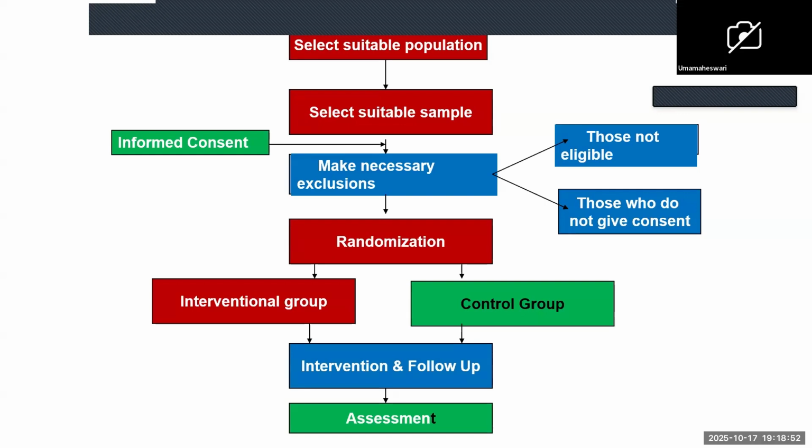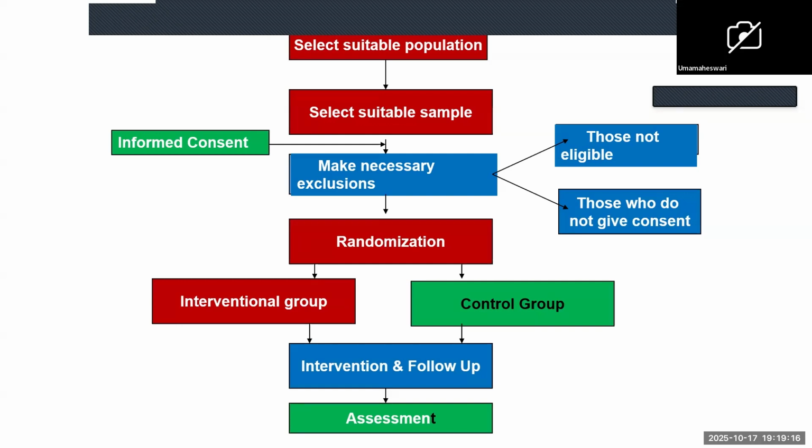So you follow them up and assess whether they have developed a disease, what the benefit is, whether this drug has reduced the occurrence of any opportunistic infection, or whether it has controlled the BP better compared to the control. In the control group, you should not give a placebo.